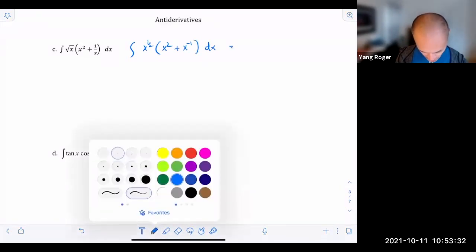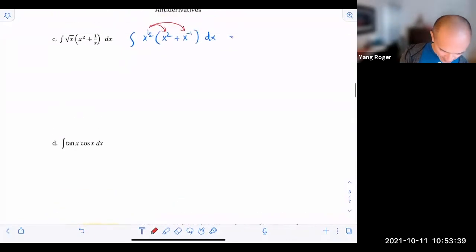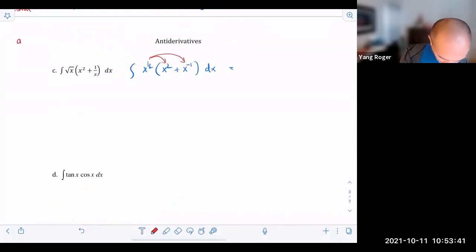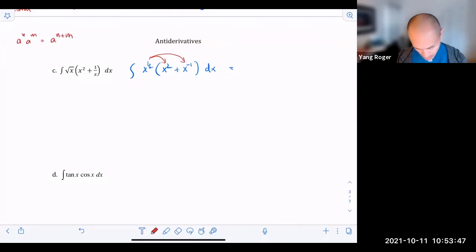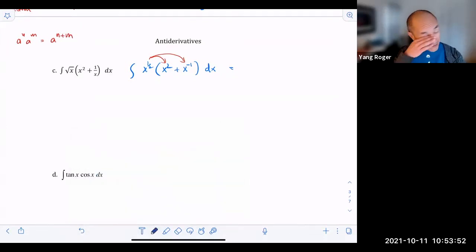So when we distribute this rad x, remember, when you have two things with the same base and you multiply them together, then you add the exponents. So this is going to be 1/2 plus 2 is 5/2.